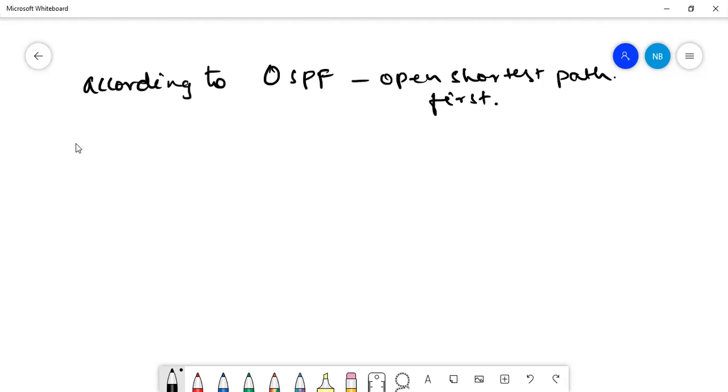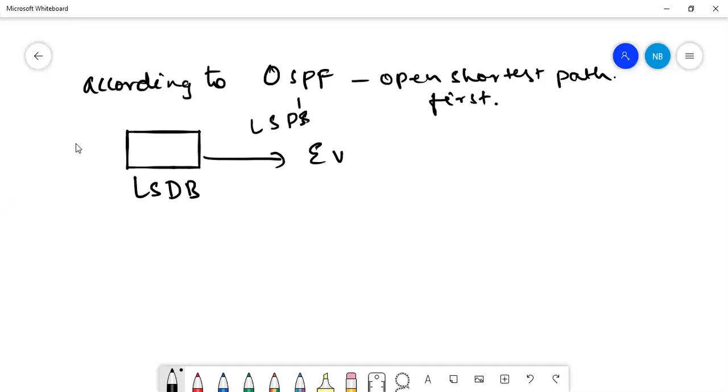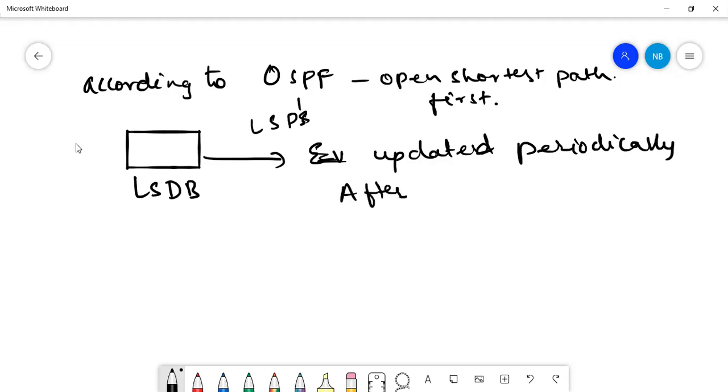According to open shortest path first, the link state database, LSDB, will be sharing its details, or rather the LSPs will get updated periodically, after every 30 minutes.